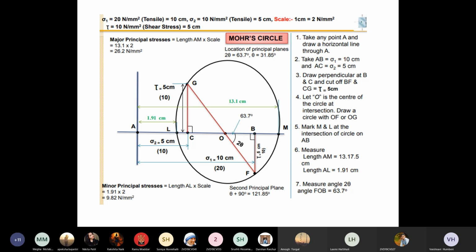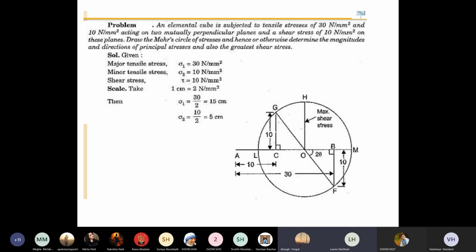Yes, ma'am. Okay, so let's see a last example from numerical Mohr circle. An element cube is subjected to tensile stress 30 Newton per mm square and 10 Newton per mm square acting at two mutually perpendicular planes, and shear stress 10 Newton per mm square on these planes is given.